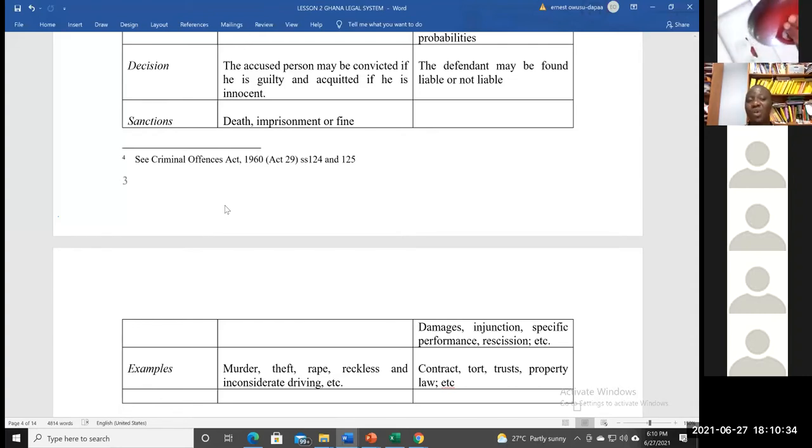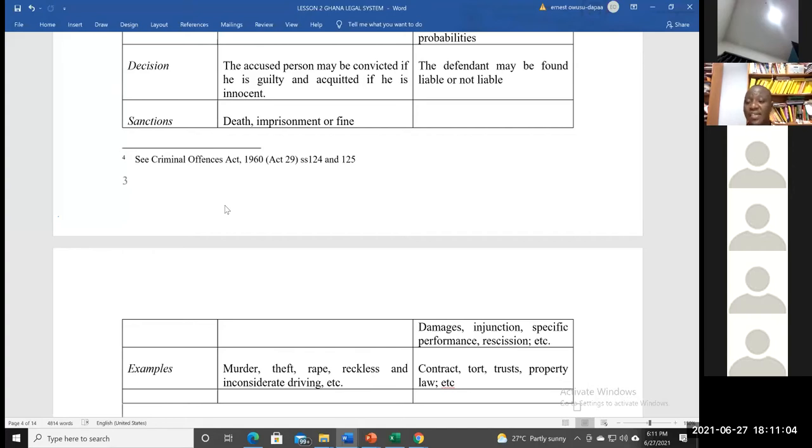Of course, you also have to touch on sanctions, because after the decision, there will be a sanction. If it is a criminal case and you're found guilty, of course, the appropriate punishment is either custodial, in which case you are in prison, or capital, where there could be the death penalty, or a fine, in which case you are made to pay some money to the state as it were.